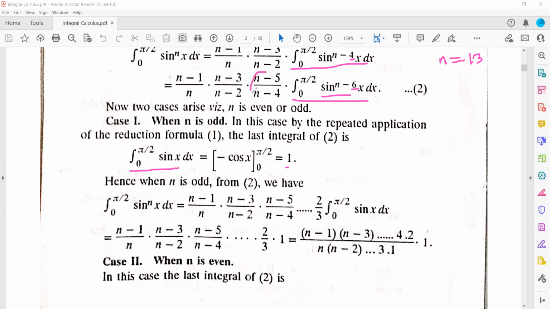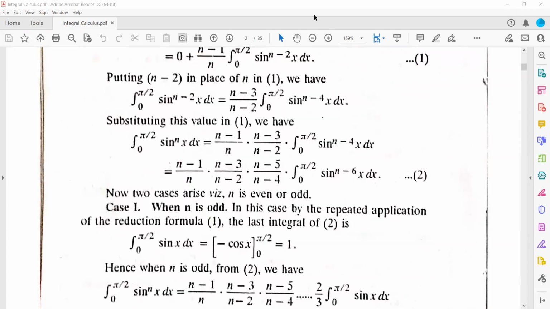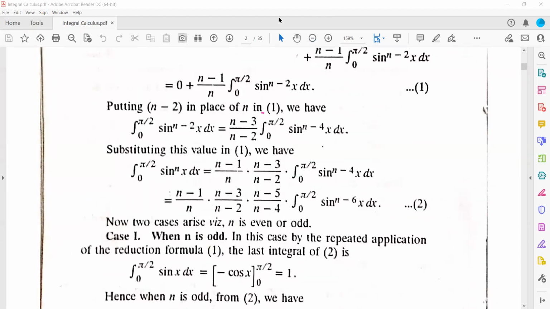Now tell me, while finding this integration, its coefficient will be this one. Is it not? Try to understand how I am writing. While finding this integration, you are getting the coefficient.